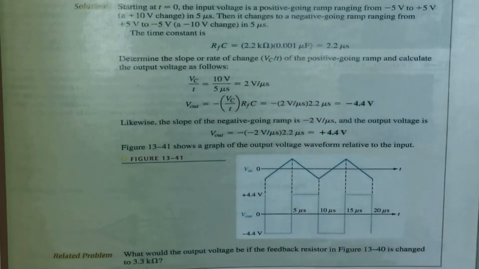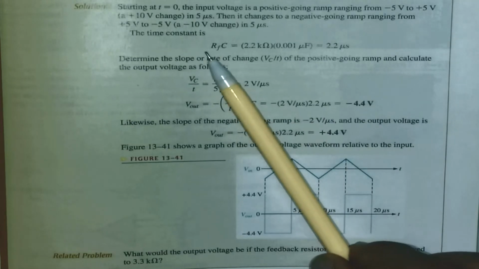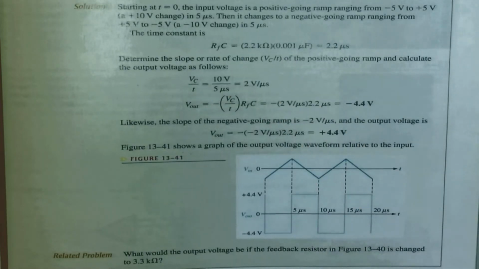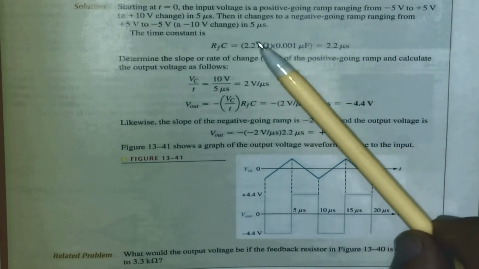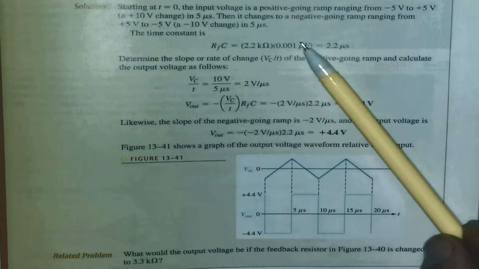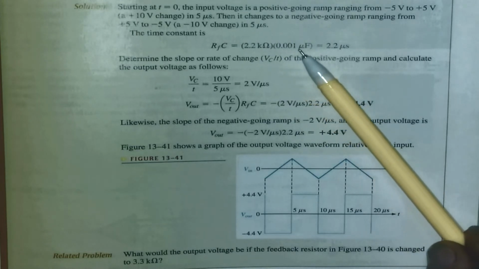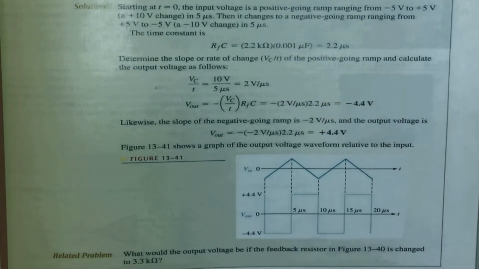The time constant of a capacitor is equal to the resistance times my capacitance value, and that will give me 2.2 microseconds. That means 2.2 kilo ohms times 0.001 microfarad will give me 2.2 microseconds.